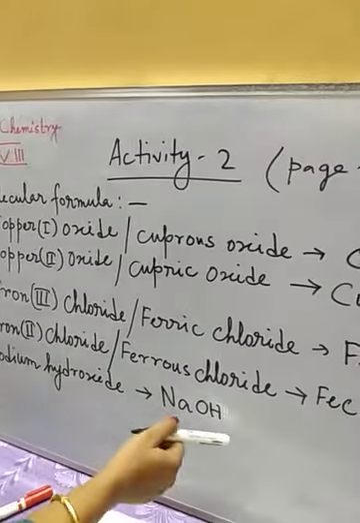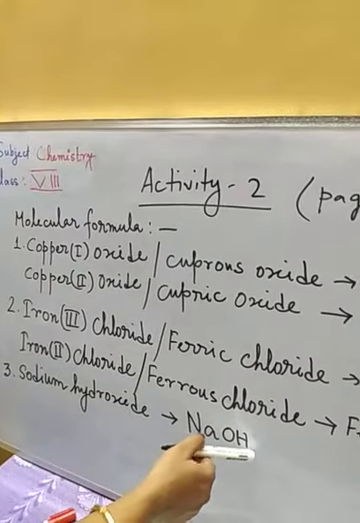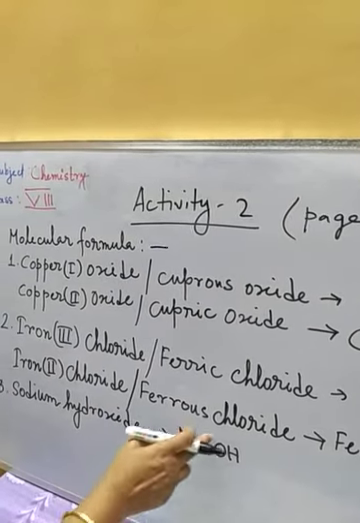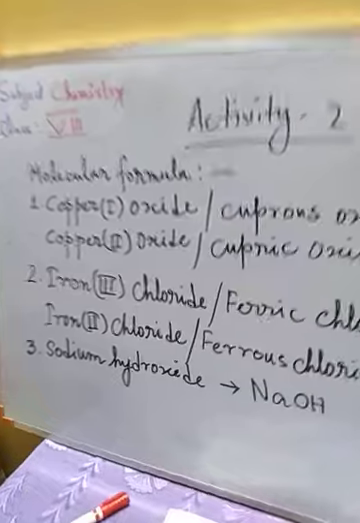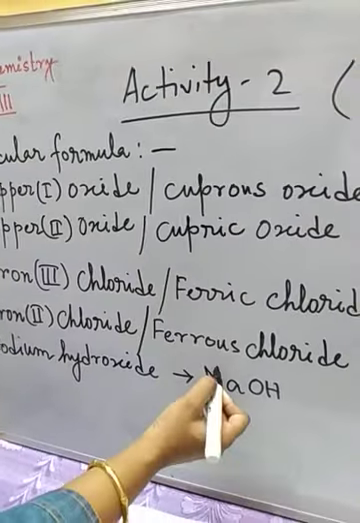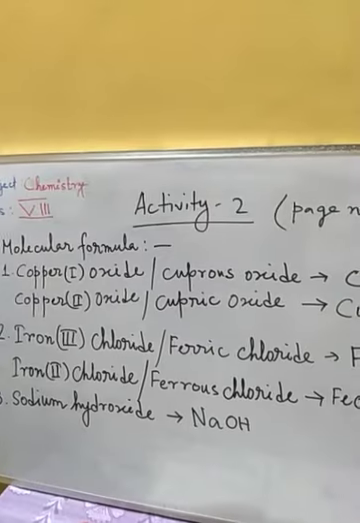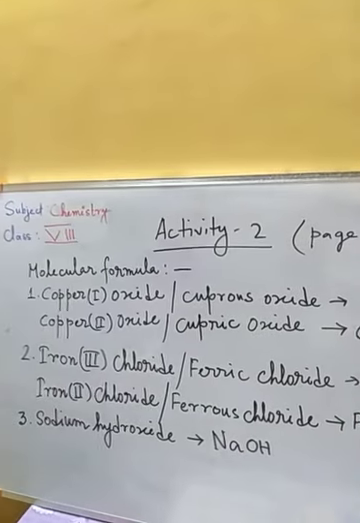As sodium's valency is 1, which is going to the hydroxide ion, the hydroxyl group, there is no need of giving the bracket for OH. So simply we will be writing NaOH. This is the formula of sodium hydroxide.